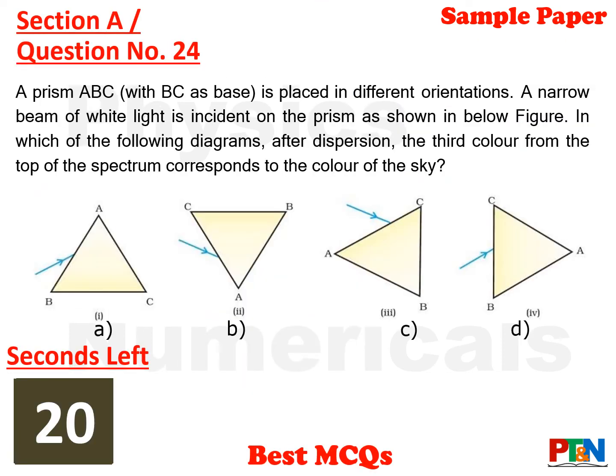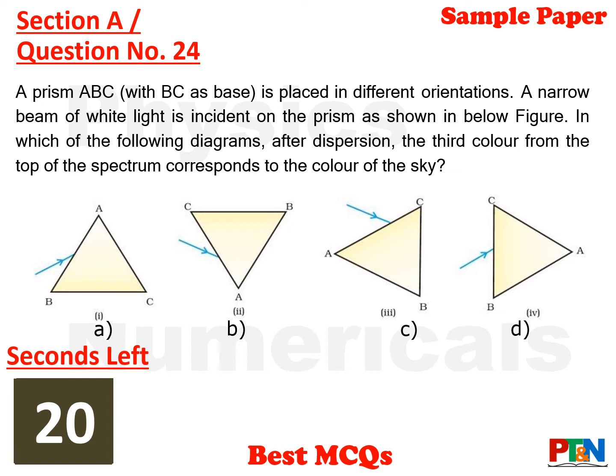Next question, question number 24. A prism ABC with BC as the base is placed in different orientations. A narrow beam of white light, even though it is shown in blue, it is a narrow beam of white light, is incident on the prism as shown in the figures.